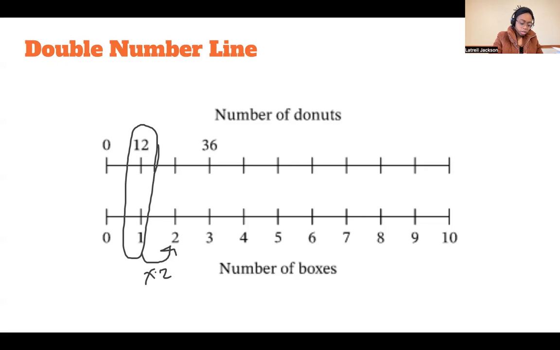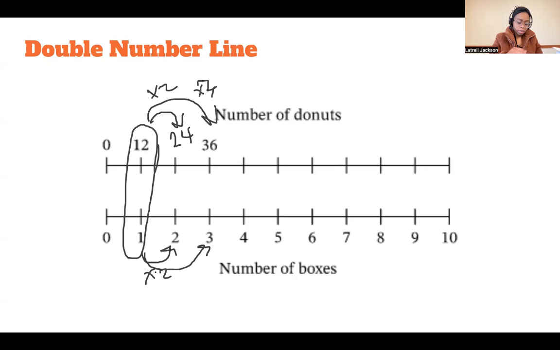We scale up to the next number on the number line and multiply by 2. So 12 times 2 is 24. And if we do 12 times 3, we get 36. And that is true. 12 times 3 is 36. And 1 times 3 is 3. So we know that that is true because those line up.